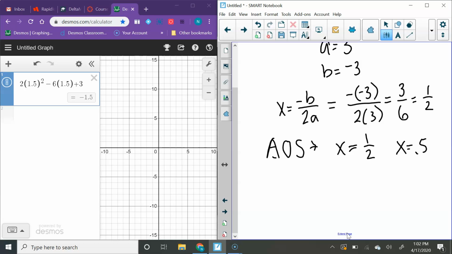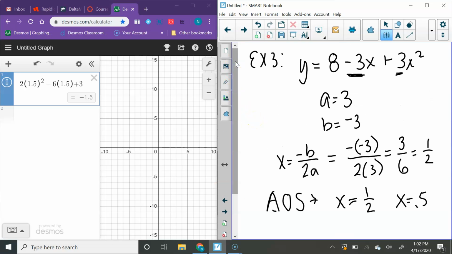Now, if it doesn't ask us for axis of symmetry, if it asks us for the vertex, then we are going to have to take that 0.5 and plug it into the equation. So our equation up here is 8 minus 3 times x, so it'll be 8 minus 3 times 1/2 plus 3 times 1/2 squared.